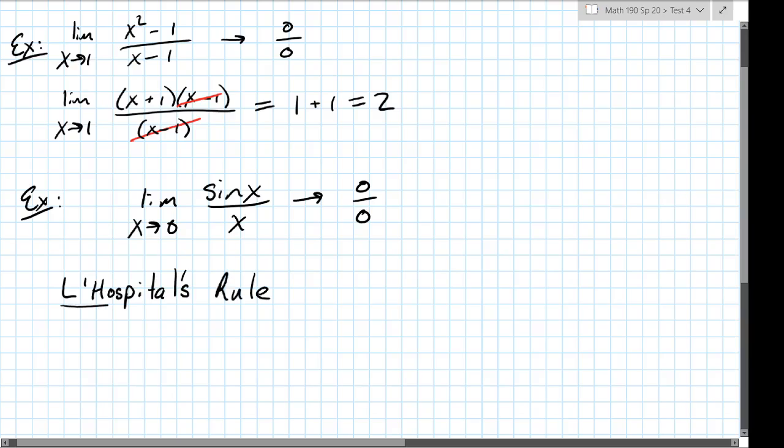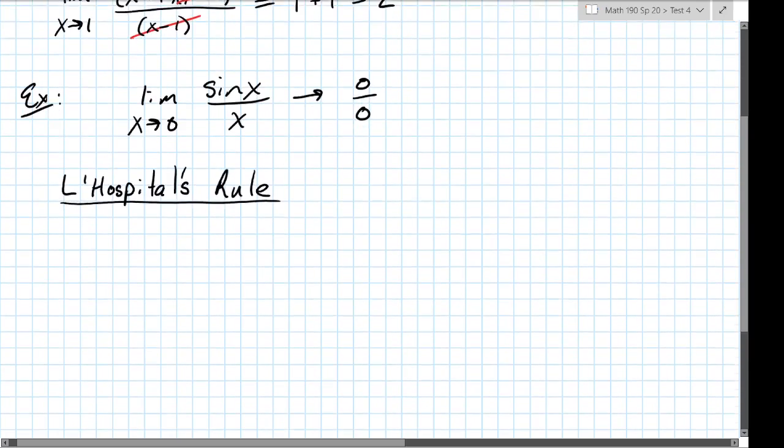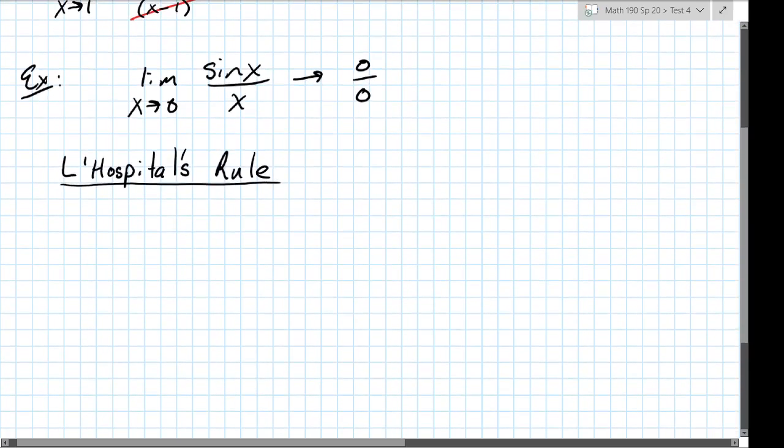This is a theorem which allows us to deal with indeterminate limits of form 0 over 0 or infinity over infinity.